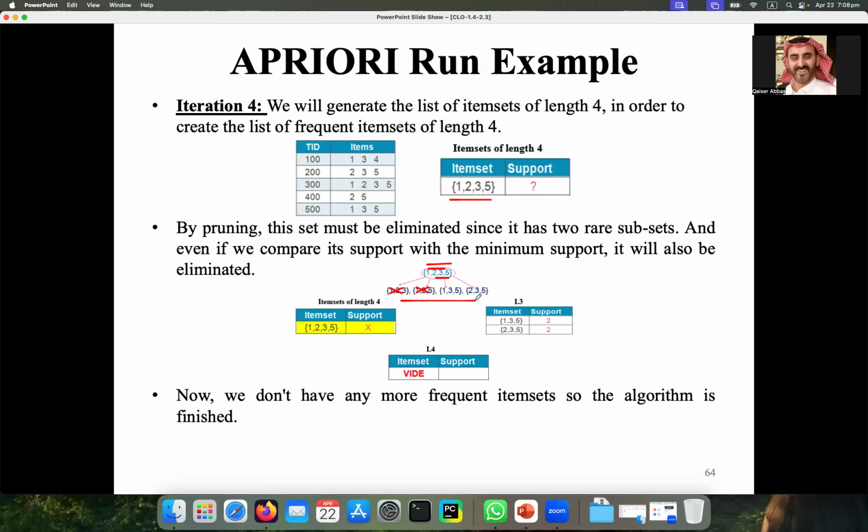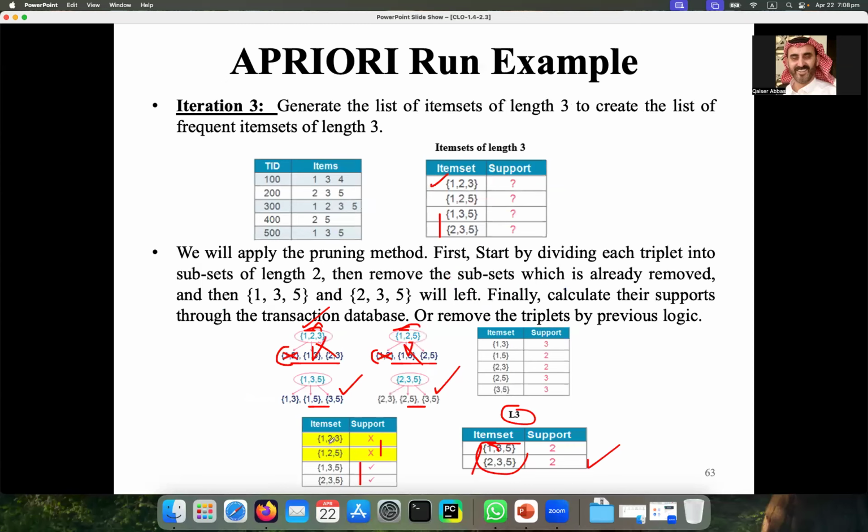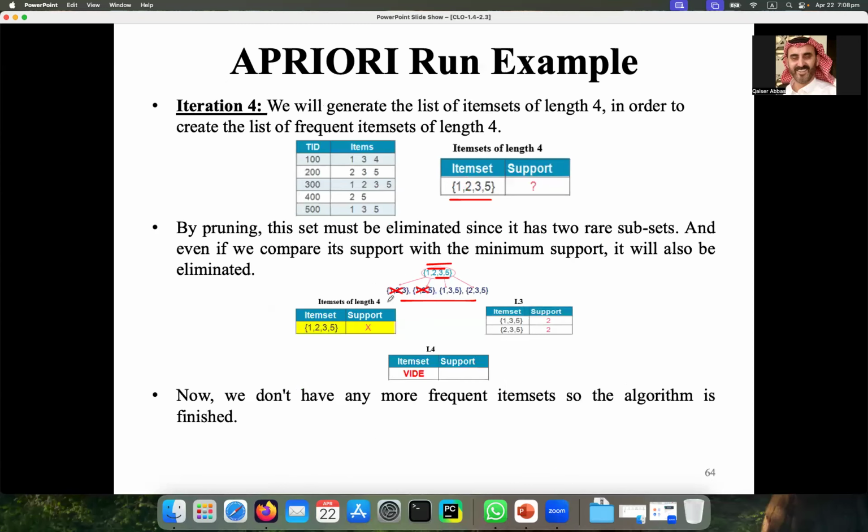And which triplets did you remove in the previous step? 1, 2, 3 and 1, 2, 5. When these are removed, the whole thing is removed. So that's why it is mentioned that you don't have any support, and in L4 it is void. Void means empty. You don't have any items left. This was the L3 we copied just to take the reference, nothing else. But this is our latest list, and in the latest list we don't have any frequent items left. So the algorithm will be finished.